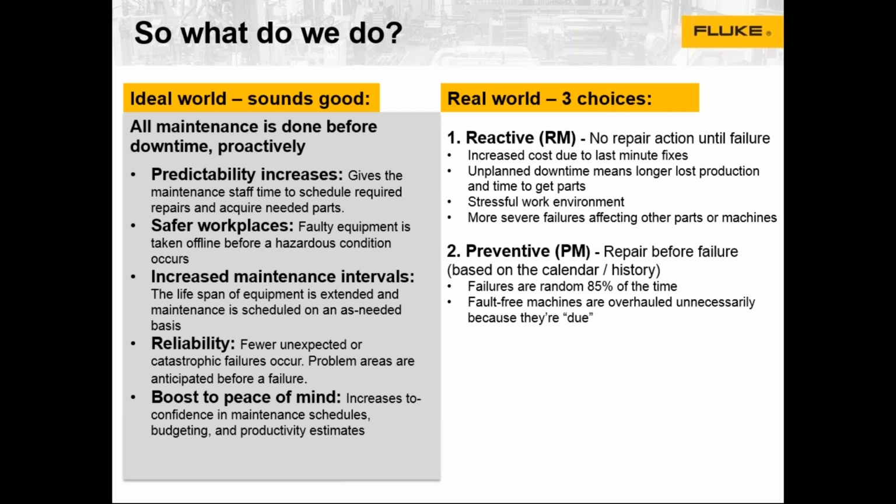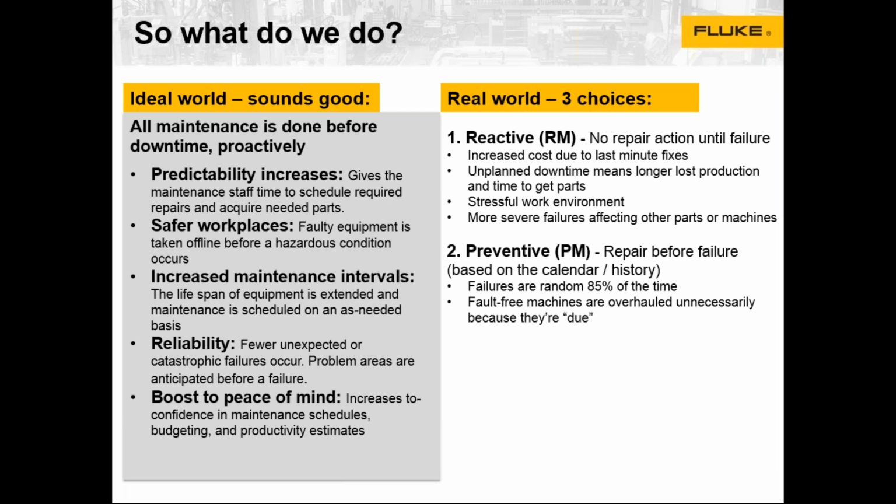So many of us, and I know when I was in the Navy, I was a planned maintenance coordinator where we tried to plan our maintenance based on the calendar. And so we would have daily PMs and weekly PMs and annual PMs. And what we found out is we were fixing a lot of machines that we had just repaired the month previously. We were replacing bearings that didn't need to be replaced.